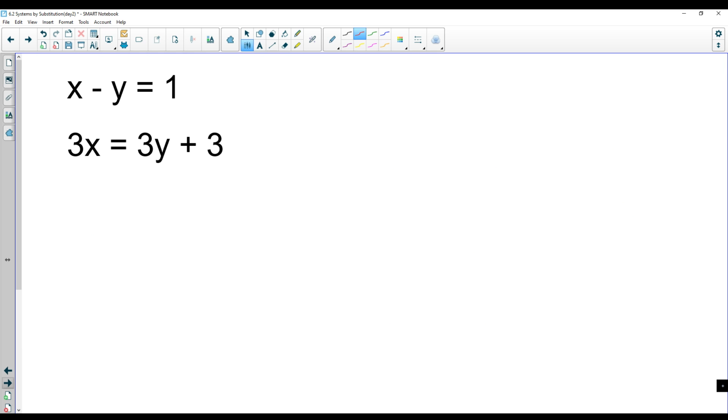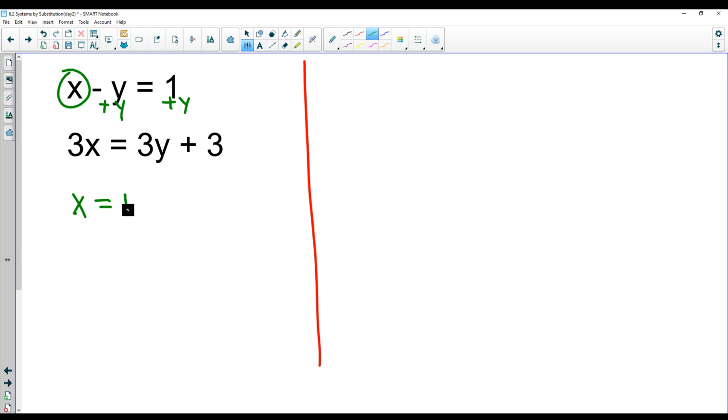So we have to get x or y alone. Let me get my separator here. I'm going to pick this x right here, so I'm going to add y to both sides. That means that x would equal 1 plus y. I'm going to take the other equation and write it here.